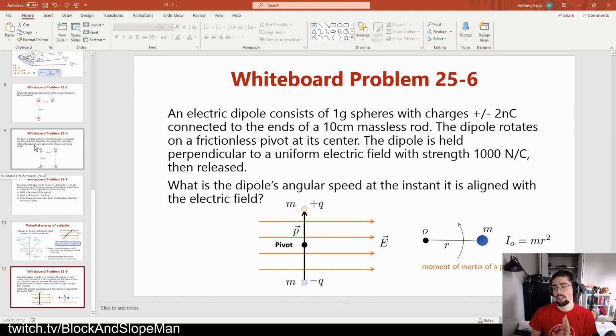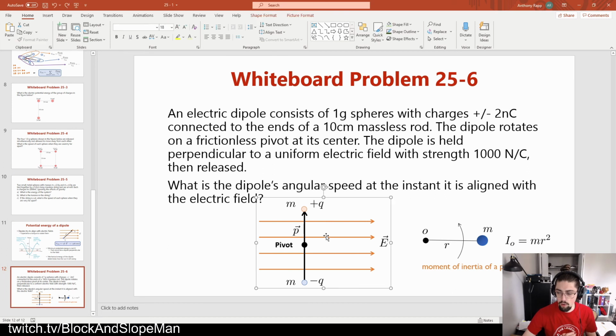The dipole rotates on a frictionless pivot at its center, no energy lost, no non-conservative forces or anything else like that. And the electric field is a constant, uniform 1,000 newtons per coulomb. What is the angular speed of this dipole when it's perfectly aligned with the electric field?